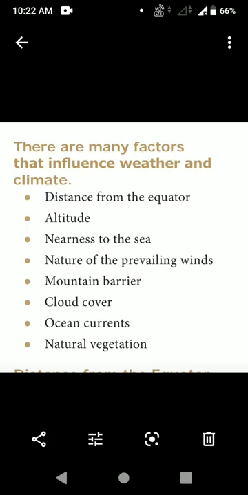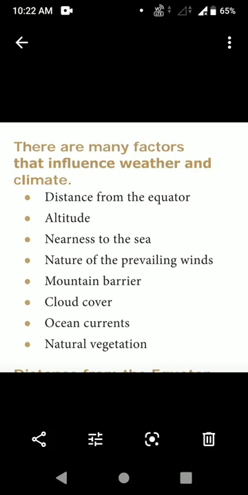Okay. Next one is the altitude. Already I have explained. Altitude means what? It is the height above the sea level. Next one, important question. That is the normal lapse rate. What do you mean by normal lapse rate? The temperature decreases at the rate of 6.5 degrees Celsius per kilometer of height.